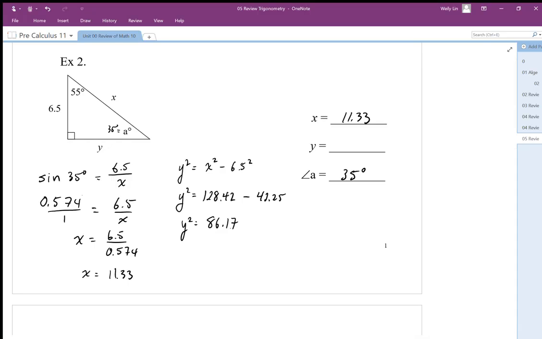These are all non-exact values now, so I can't really just leave this in the square root anymore. I really should evaluate that. So when I evaluate that, I get the square root of that number is 9.28. Okay, so I get y is equal to 9.28.